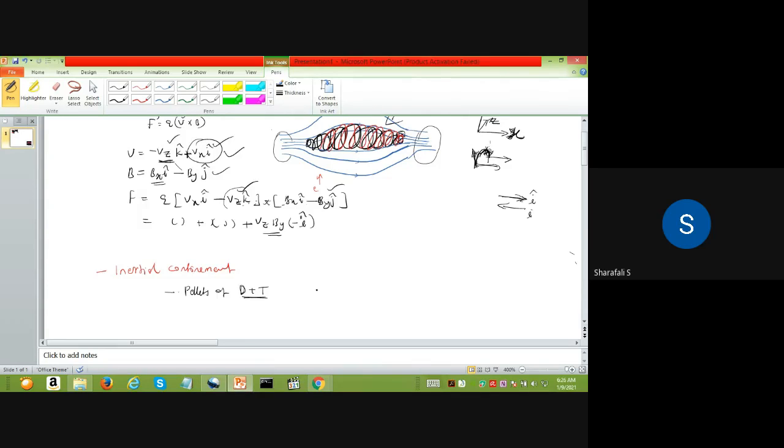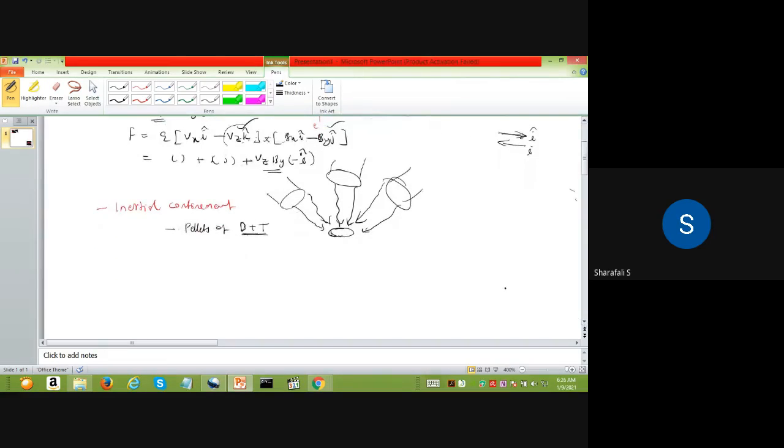Suppose this is your sample, that pellet. Then we have to apply a high intensity laser field, a high intensity light beam, to this pellet. Normally we use laser radiation. From this laser source, we apply electromagnetic radiation, a very intense light beam, to these pellets made up of deuteron and tritium.